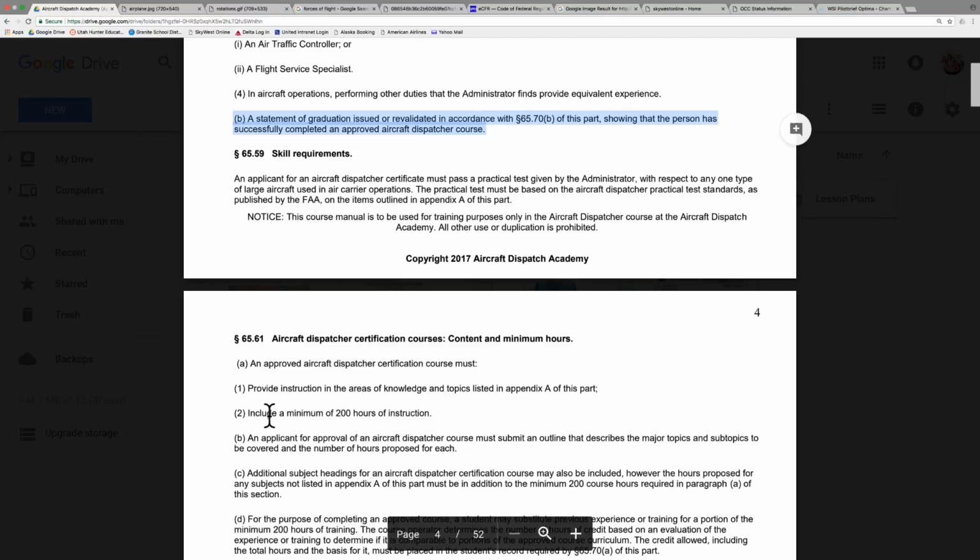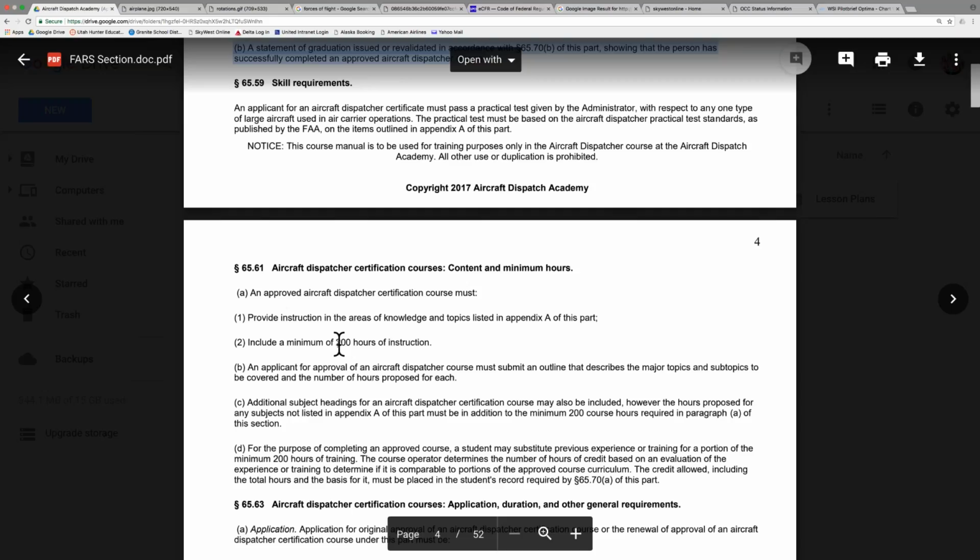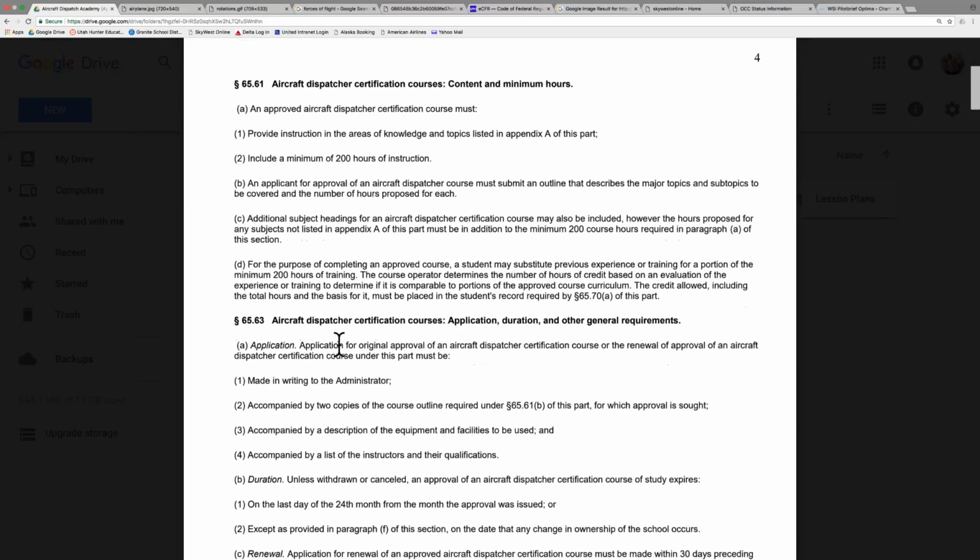And really what it's saying is that when you are given the practical test, you're going to be tested on the requirement that you have a basic understanding of a large aircraft used by a certain air carrier, and that it has to fall under that knowledge category we already went through.